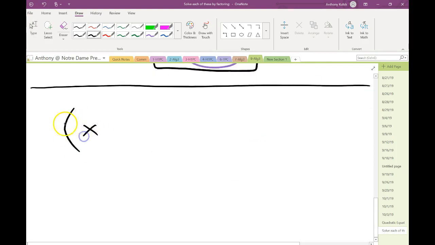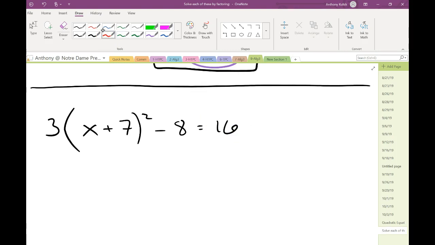What if, though, instead I had something that looked like... say that. Can I use a direct solving method on this?